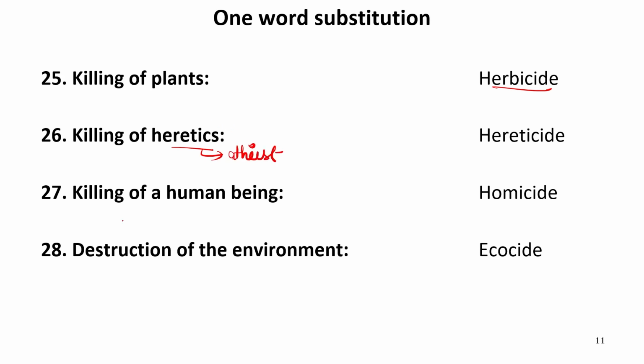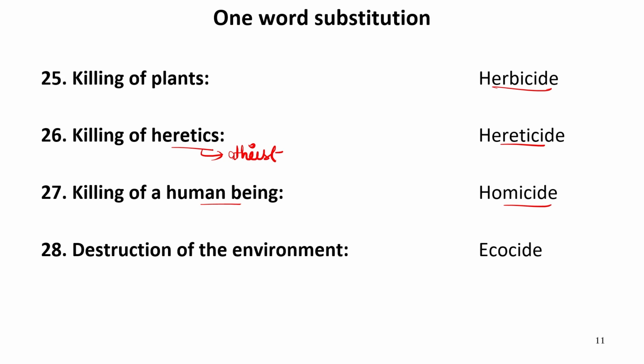Atheist is a person who does not believe in God. So, killing of heretics or killing of atheist, this is known as hereticide. Killing of a human being or any person by anyone, that is known as homicide. So homicide is not related to home, it is related to any human being. So killing of any human being, this is known as homicide.